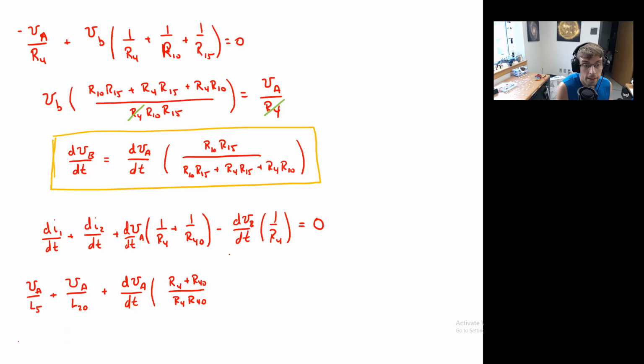Right. And then I have this whole rigmarole, minus 1 over R4 and then this whole thing, R10 R15 over R10 R15 plus R4 R15 plus R4 R10.